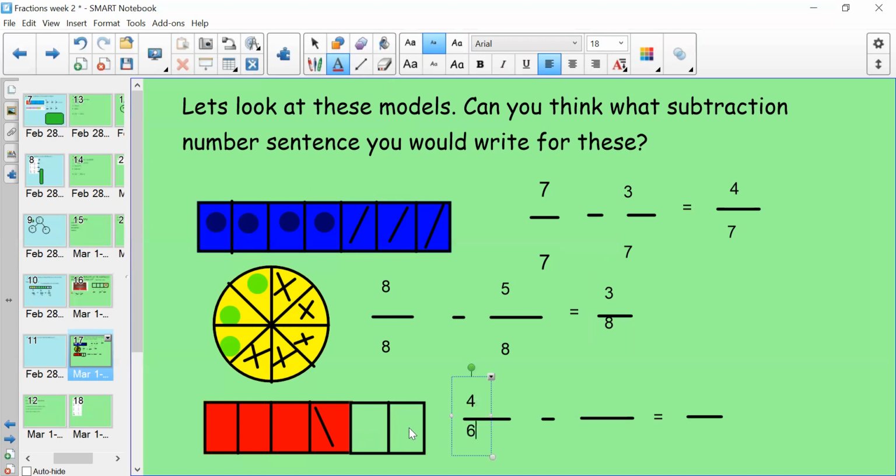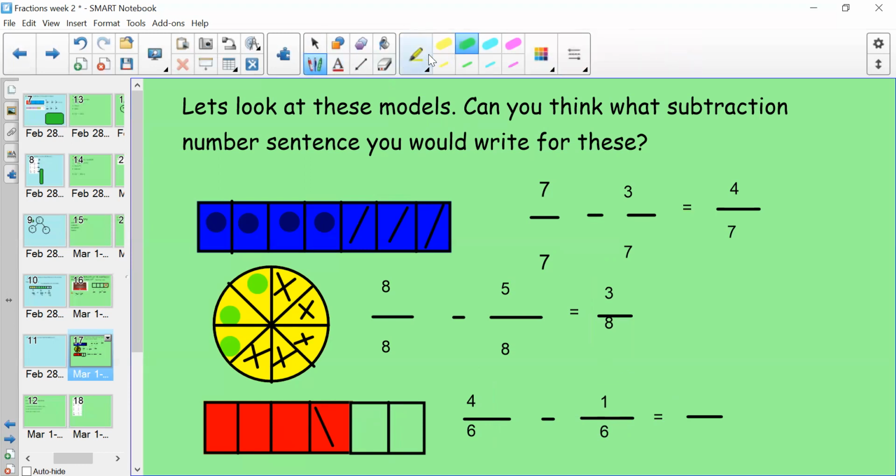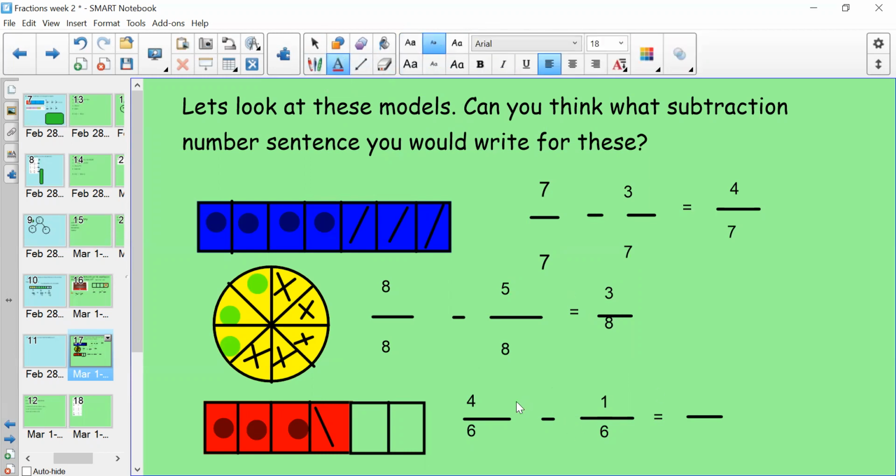So these 2 are still part of the fraction, but they do not exist at the moment. We've only got these 4. So we've got 4/6. We've got to take away one of those 6. And then what we've got left is 3/6. 1/6, 2/6, 3/6. And again, 4 take away 1 is 3, and then 6.